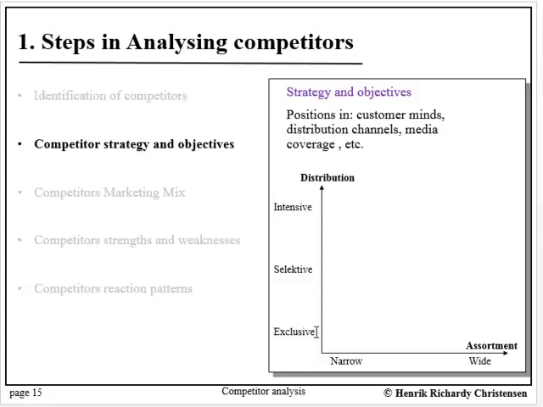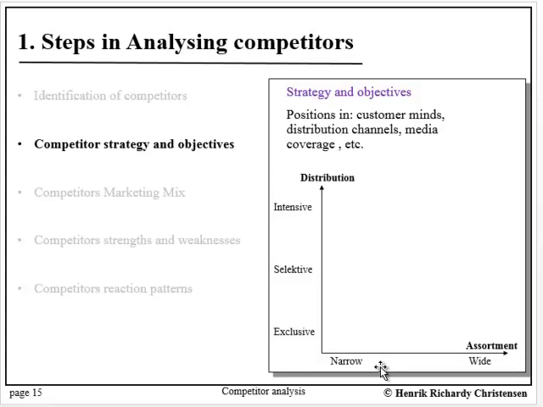We might assume that customers are willing to travel a lot to get to our retailers or to get hold of our product. So we have exclusive, selective, and intensive distribution. The other dimension is assortment. It can be a wide assortment, or a narrow assortment.